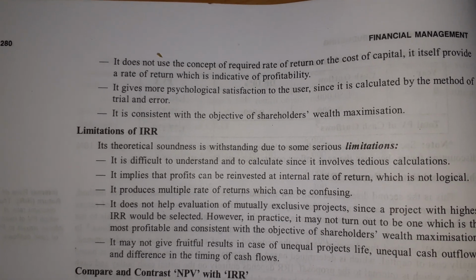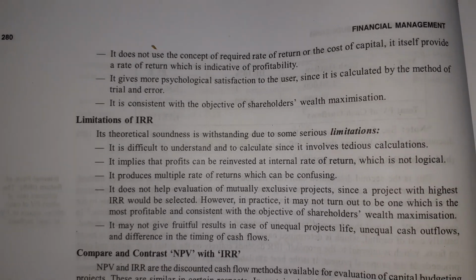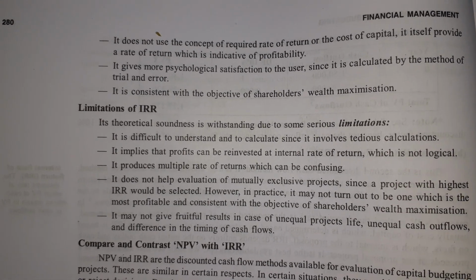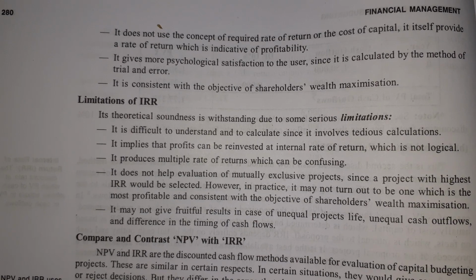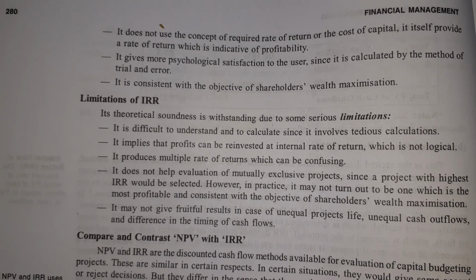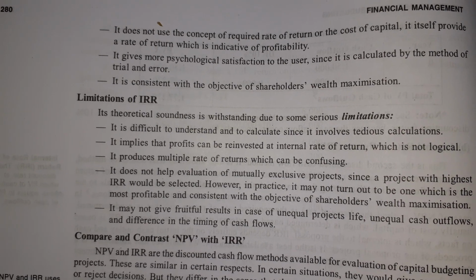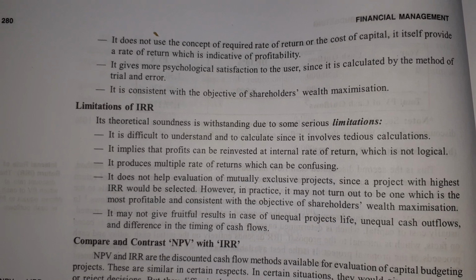In those cases, IRR is not very helpful for evaluation, since the project with the highest IRR would be selected. However, in practice, it may not turn out to be the most profitable and consistent with the objective of shareholder wealth maximization.